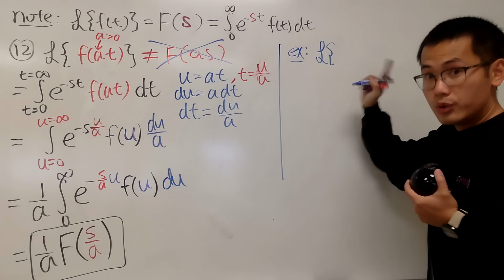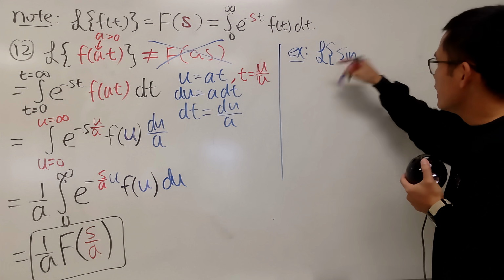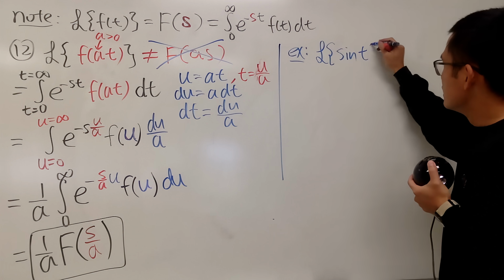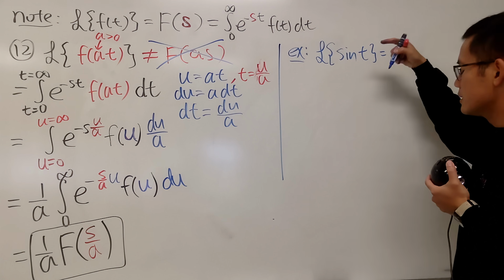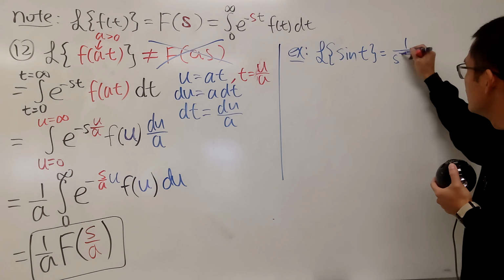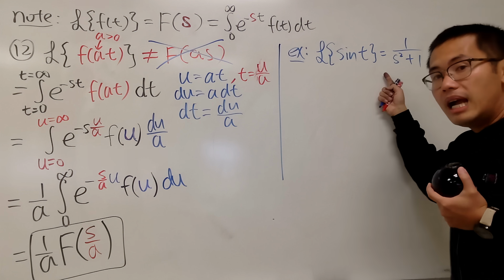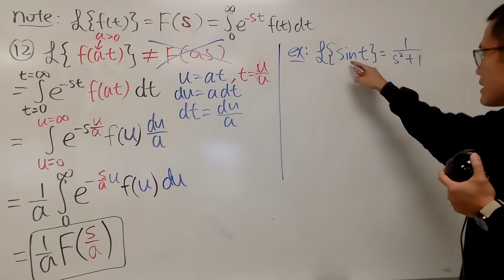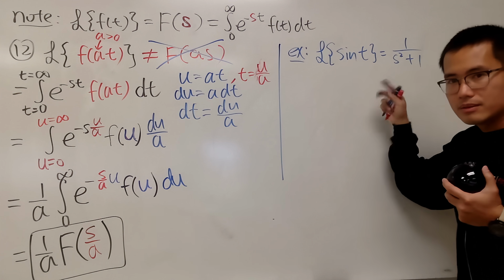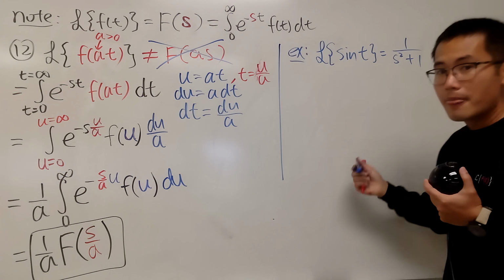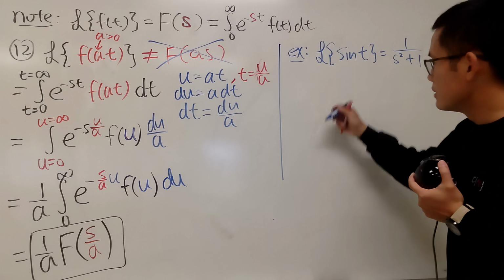Suppose you know this. The integral of sine t is equal to 1 over s squared plus 1. So just like this. Here sine is with the b on top, and this b is 1. Now, if you know this, this is what we know.